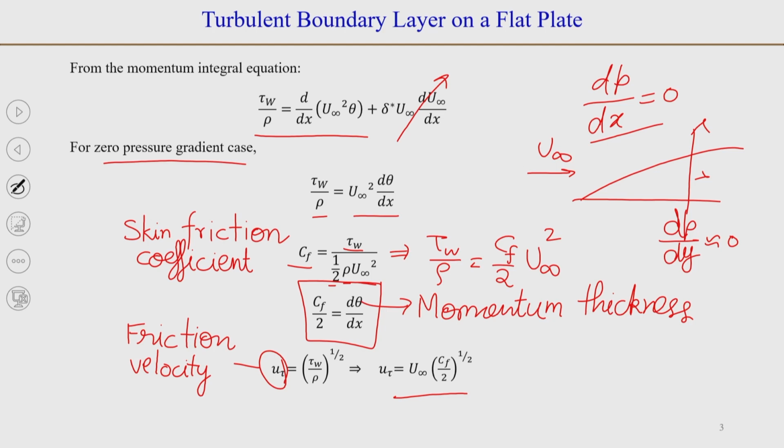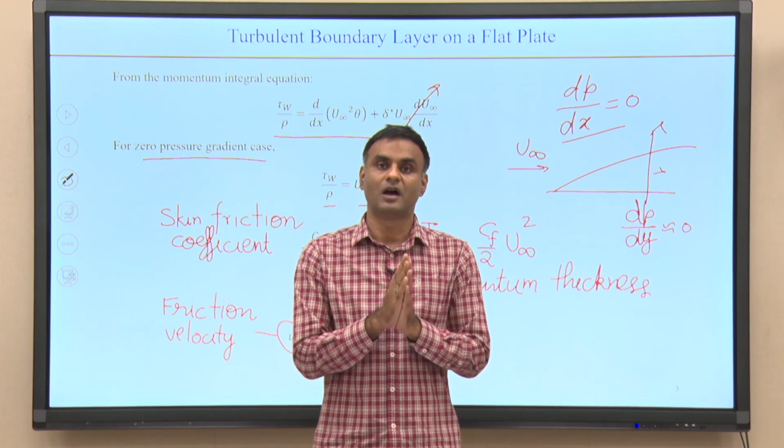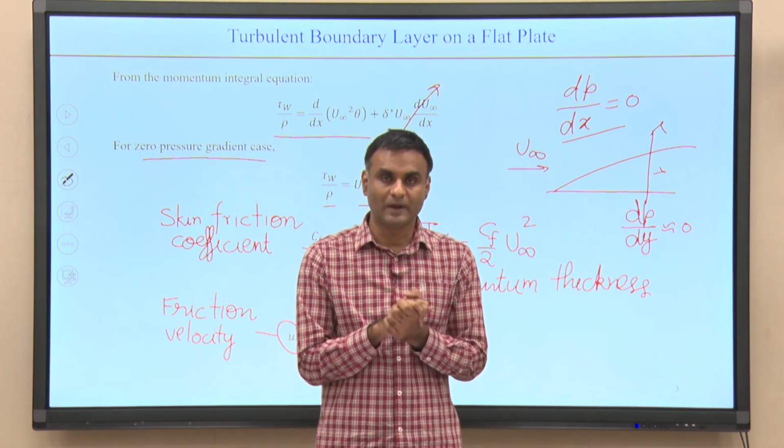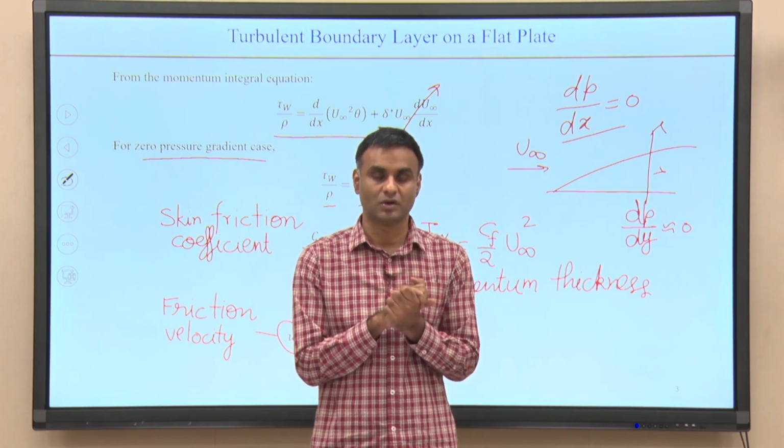Okay. Now, what we need to do is solve this momentum integral equation, and we solved the momentum integral equation for laminar flow over a flat plate where the pressure gradient was 0.